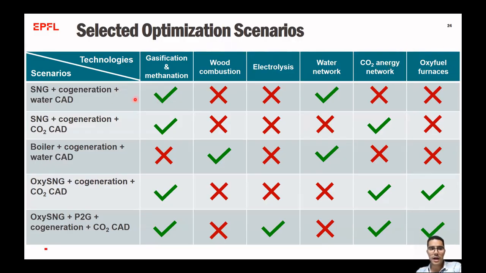These are different scenarios that produce synthetic natural gas and cogenerate using the waste heat available throughout the plant and the gasification process. And we can also use boilers for cogeneration or even oxy-combustion of the synthetic natural gas in the furnaces of the aluminum remelting plant.